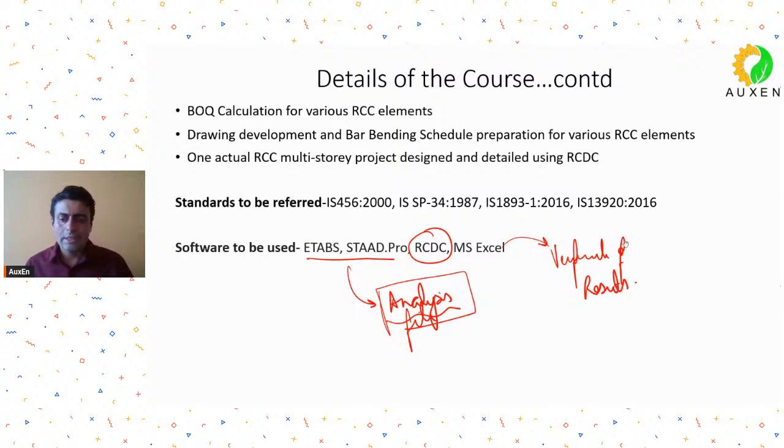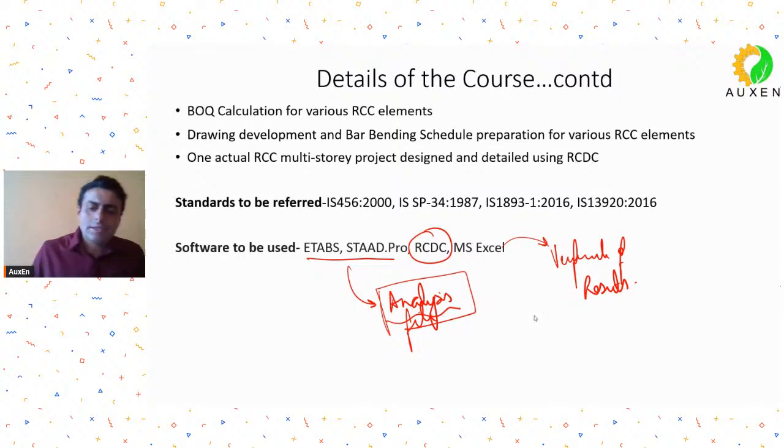Okay. Mr. Jay is saying SP 16 is 1984. No, no, it's not 1984. I think it is 1980. So SP 16 was based on the 1978 revision of IS 456, and after 2 years they brought out this document. Ever since it has not been revised.